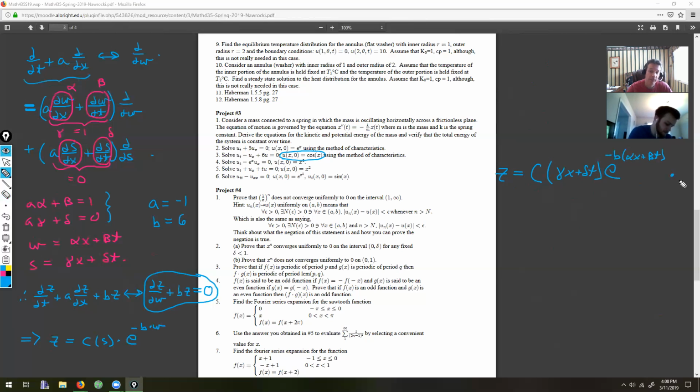There's my Z, but now you need to bring into play the initial conditions.